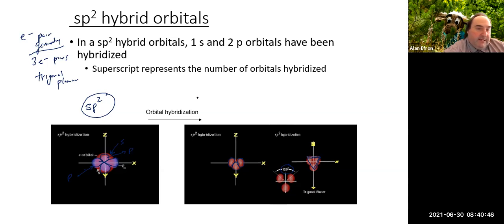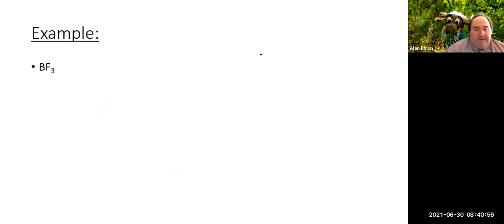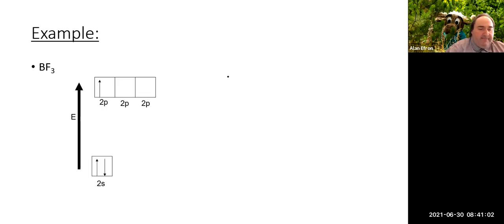So let's take a look at an example of this type of hybridization, one that we talked about with geometry, and that's going to be our BF3. BF3 is going to be an incomplete octet. So when we look at this orbital diagram, for reference, this is boron that we're looking at.